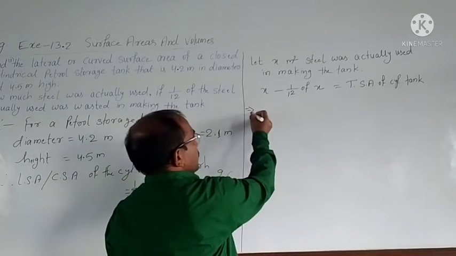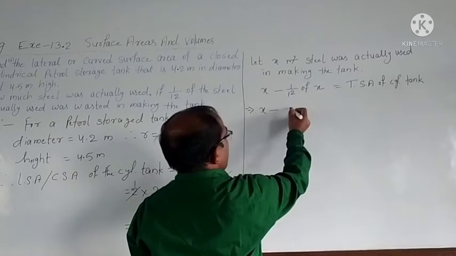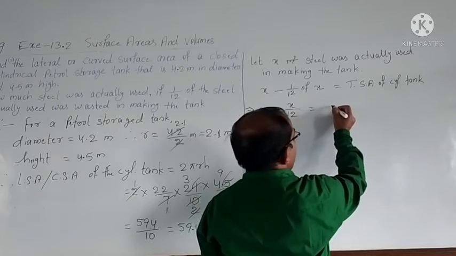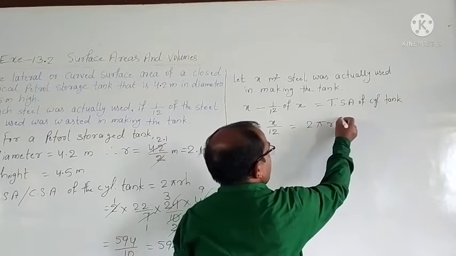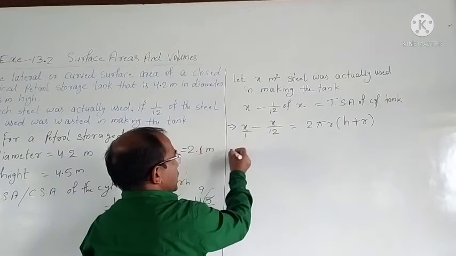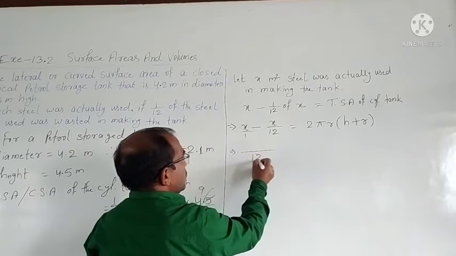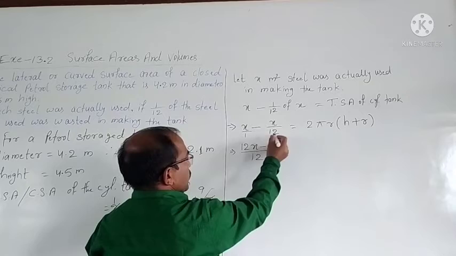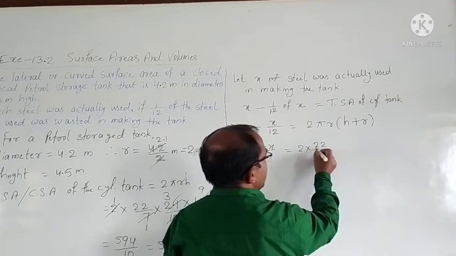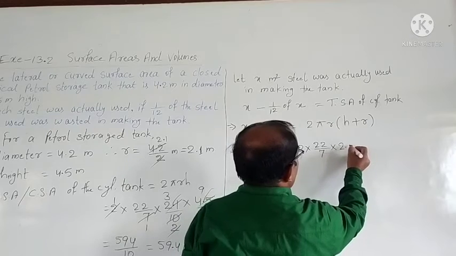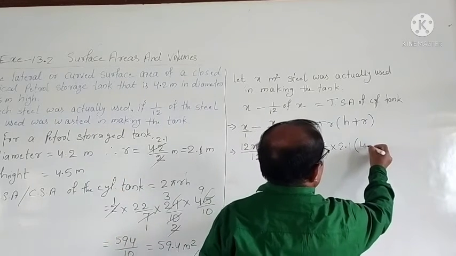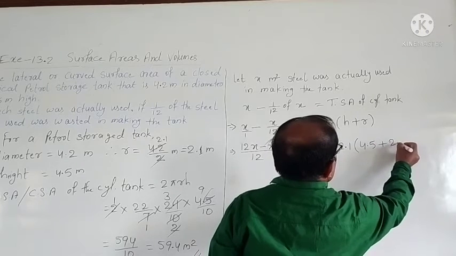Now let's go for simplification. x minus 1 by 12 of x, that is 11x by 12, equals the total surface area of the cylindrical tank, 2 pi r into h plus r. Here we can take the LCM, 12. 2 pi is 22 by 7, radius is 2.1, into h plus r, where the height of the tank is 4.5 and the radius is 2.1.